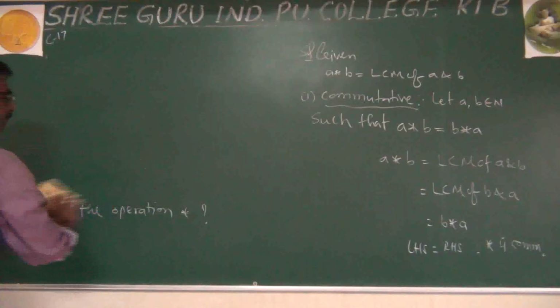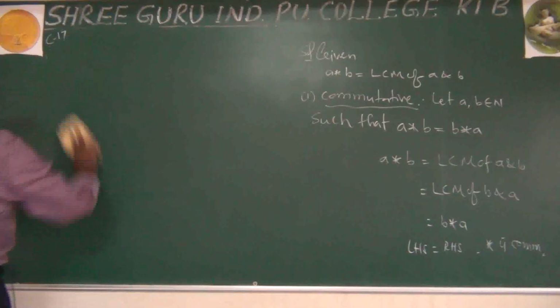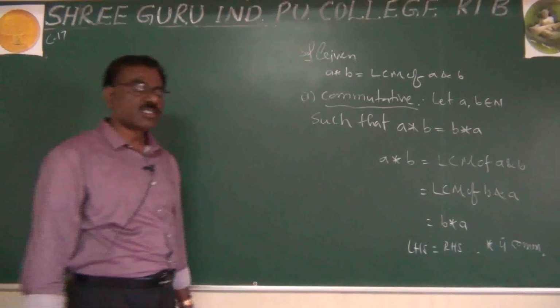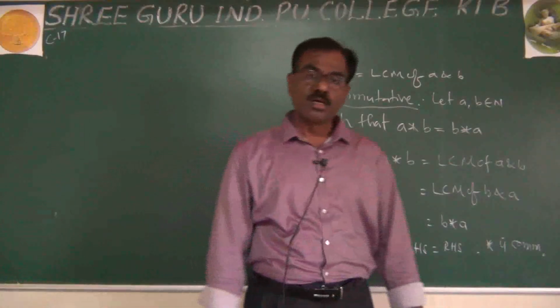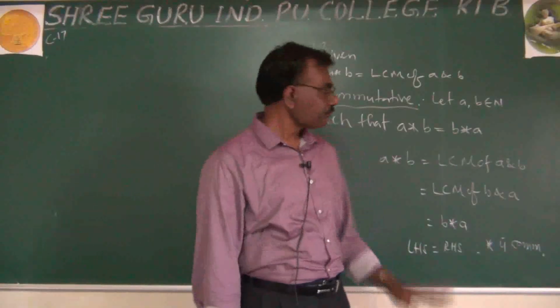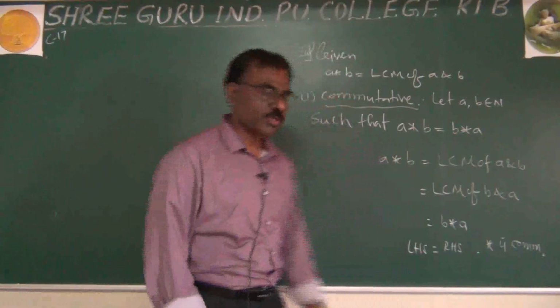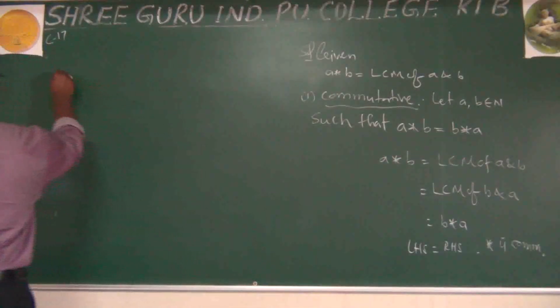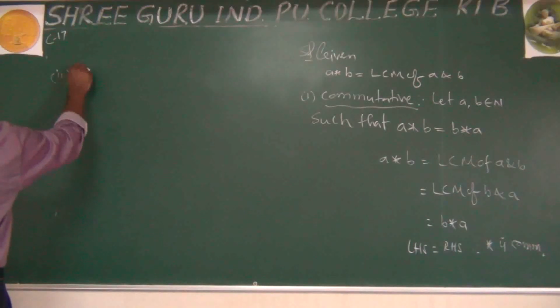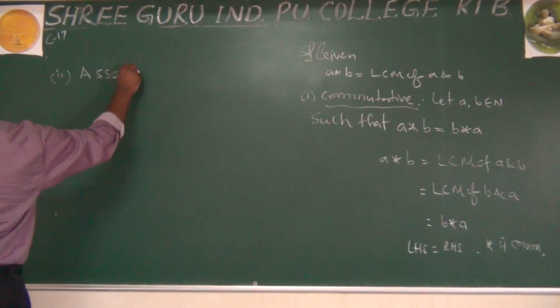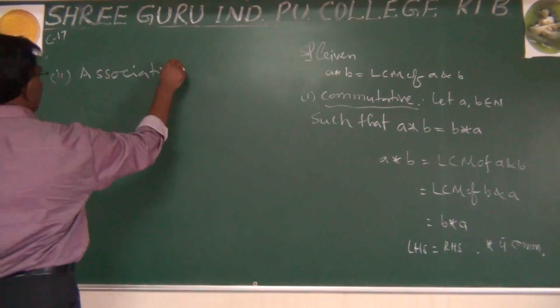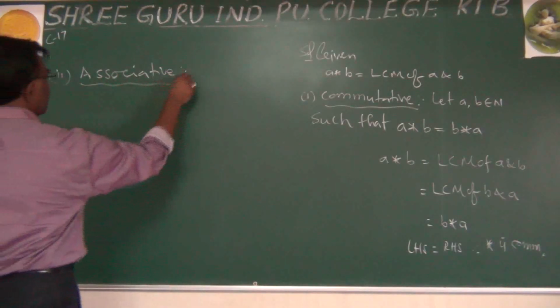Associative property. Not only here, even in HCF of A and B, commutative and associative are satisfied. But here also commutative and associative are satisfied. Now what is the question? Second question: associative property.